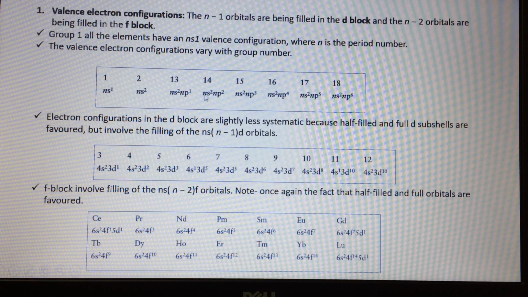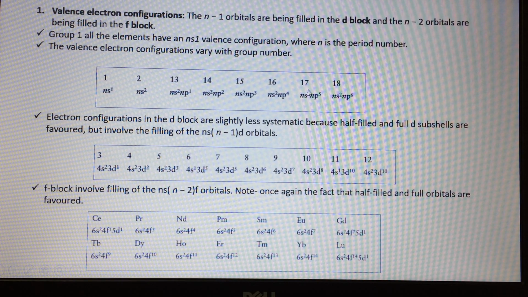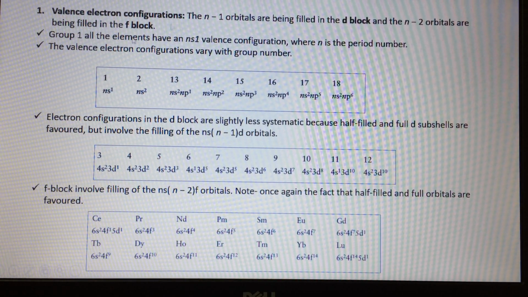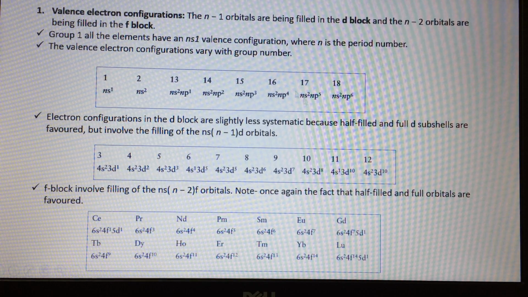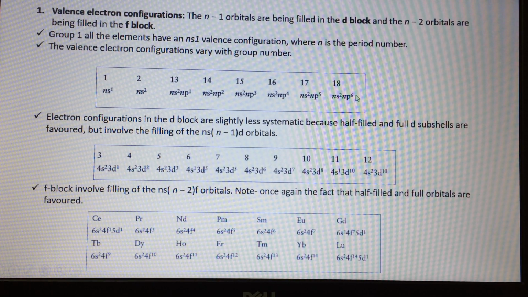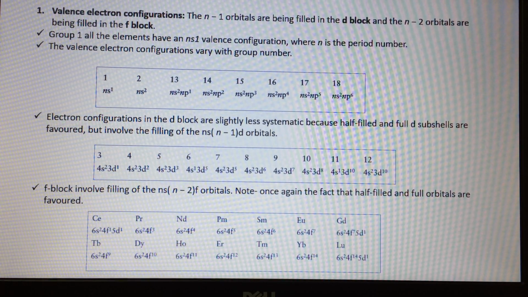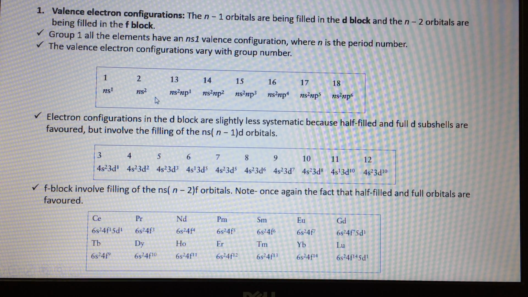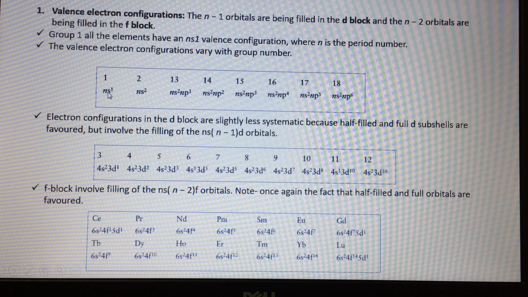This is for boron, carbon, nitrogen, oxygen, fluorine, neon. So these are the patterns according to the filling of valence electrons. For the alkali group, this is ns1.